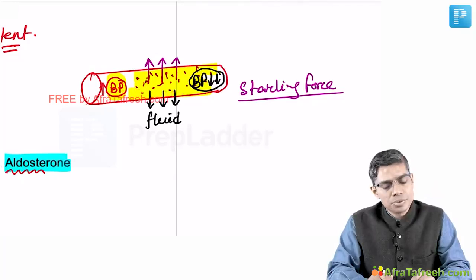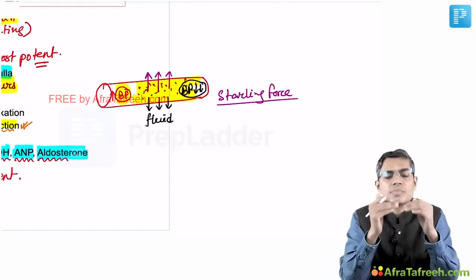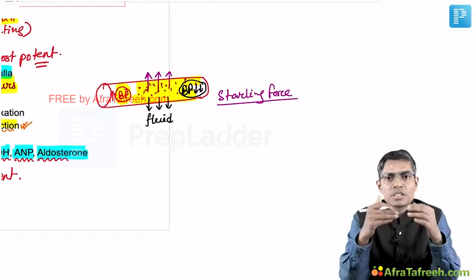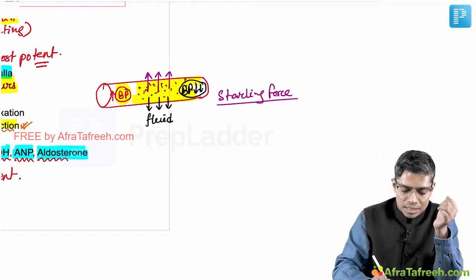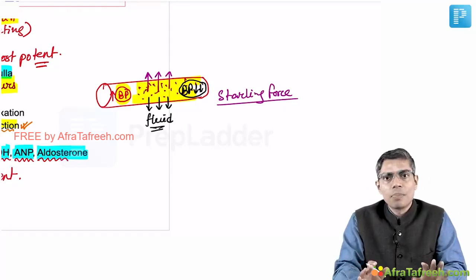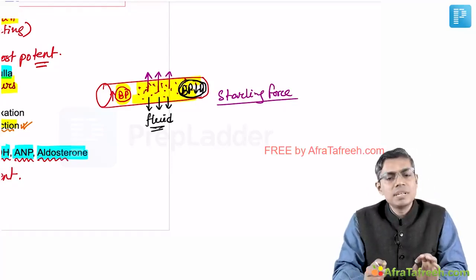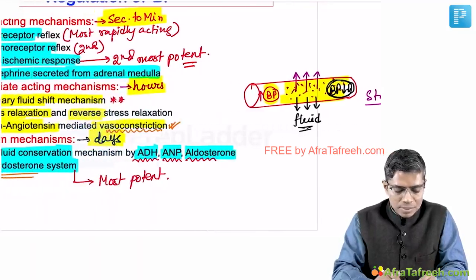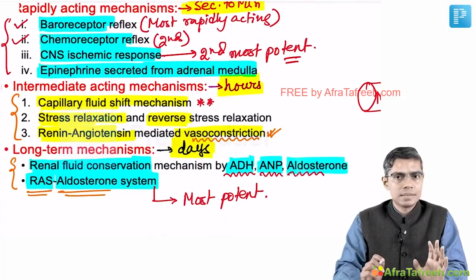The pressure will reduce. So this is a way by which our blood pressure can be reduced, by pushing some extra water out of this capillary. But obviously, if more fluid is in the tissue space, then edema is going to form. But anyway, my pressure within this vessel will be lesser. So this mechanism is known as the capillary fluid shifting mechanism.